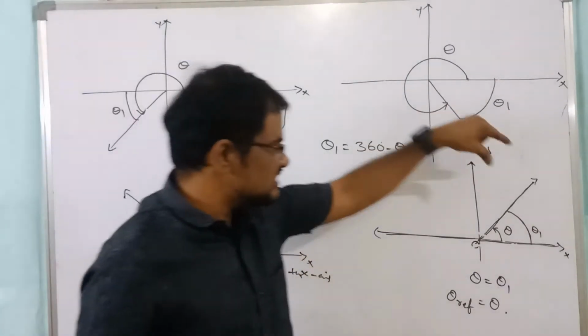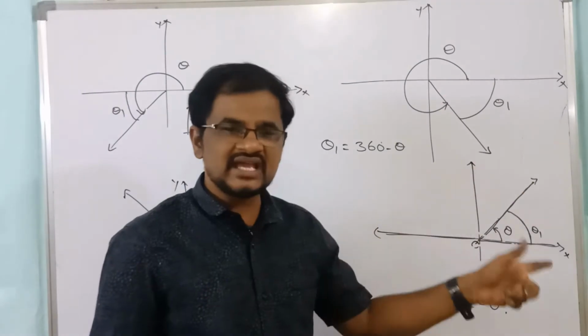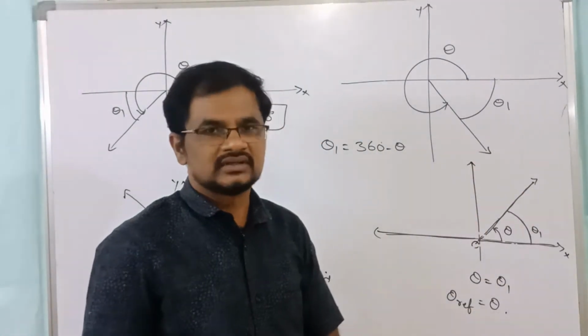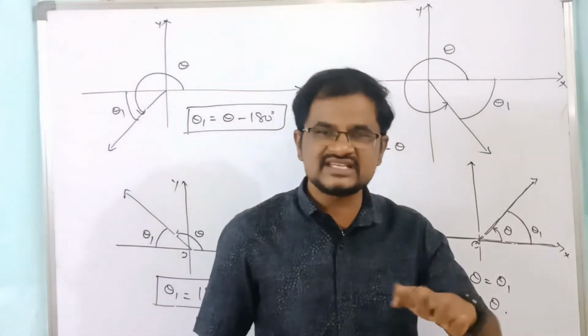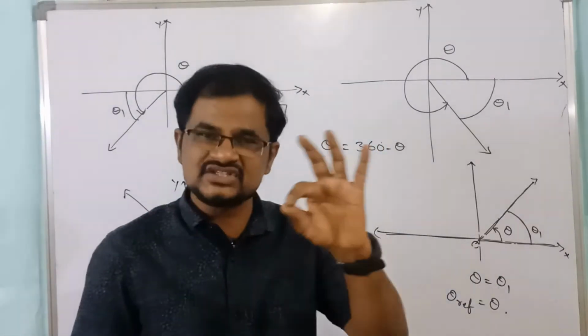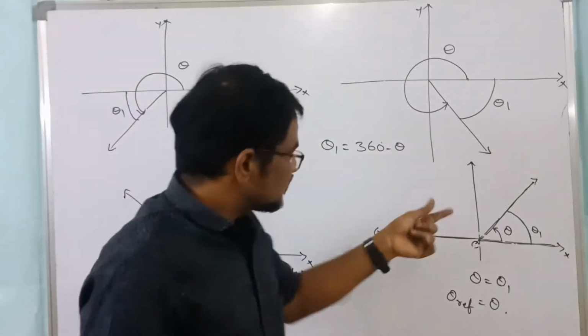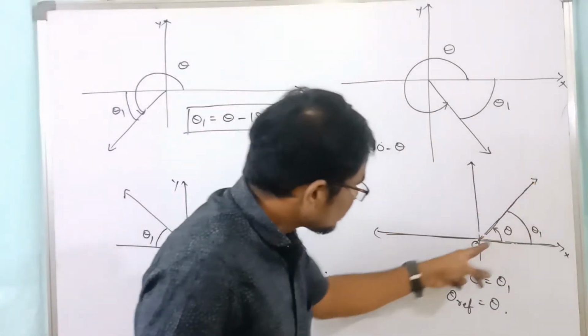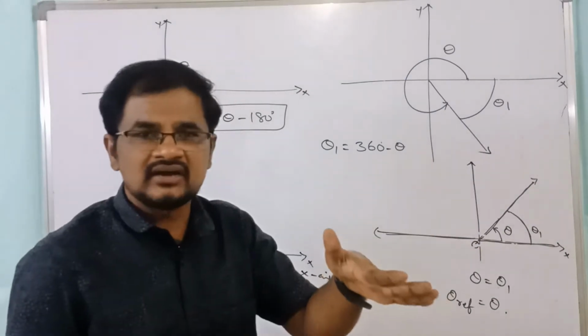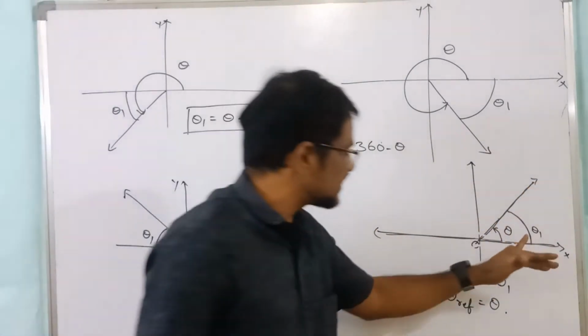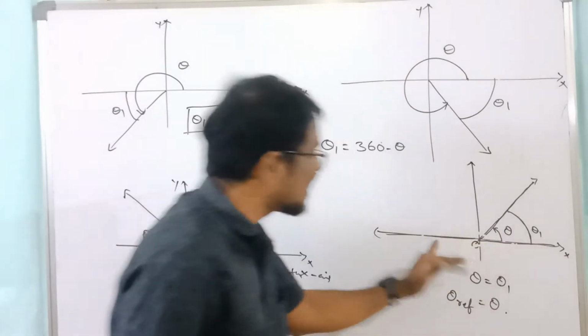Once again, listen. If the angle lies in the first quadrant, the reference angle is also the same: theta equals theta 1. Because the definition of the reference angle is that it is formed by the terminal side of theta with the x-axis, which may be positive or negative.